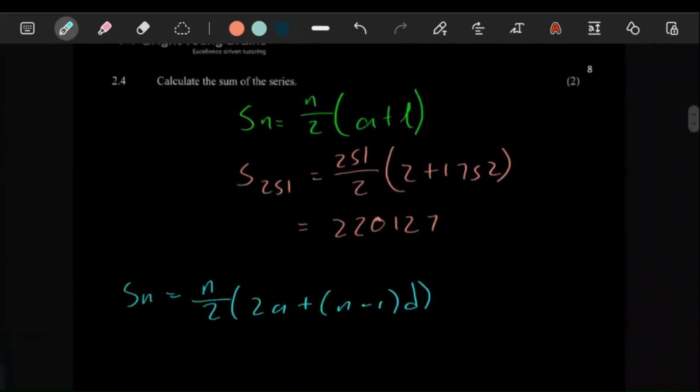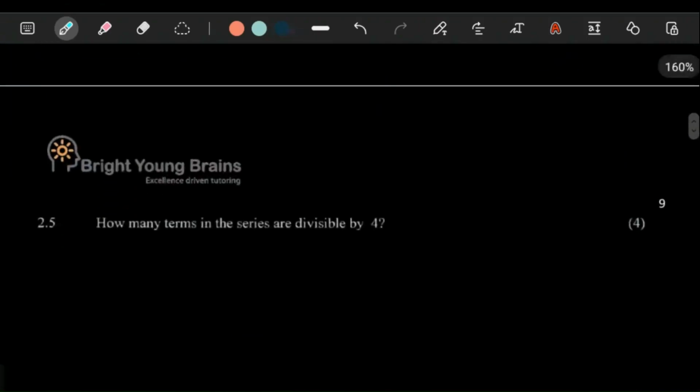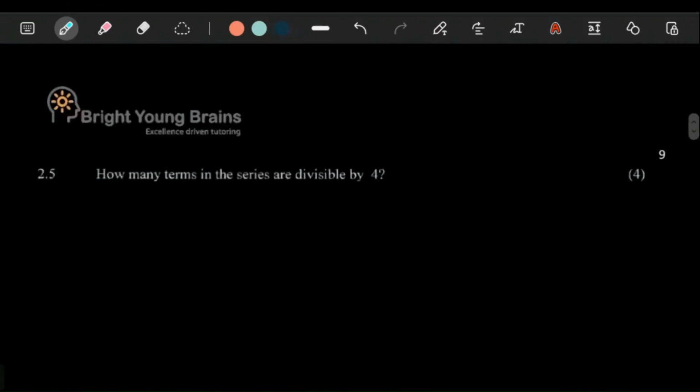Let's keep things moving. The next question here is 2.5. It says, how many terms in the series are divisible by 4.